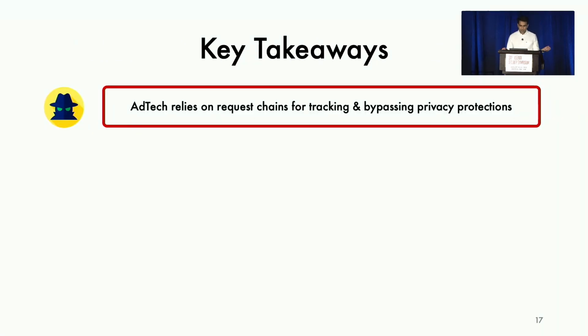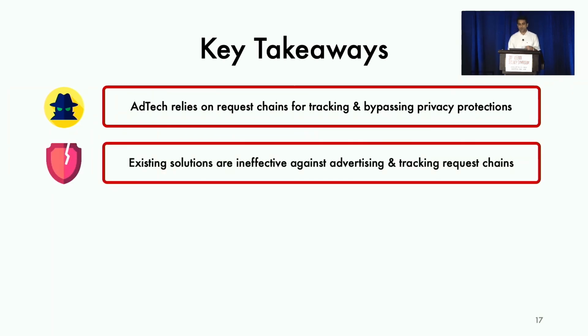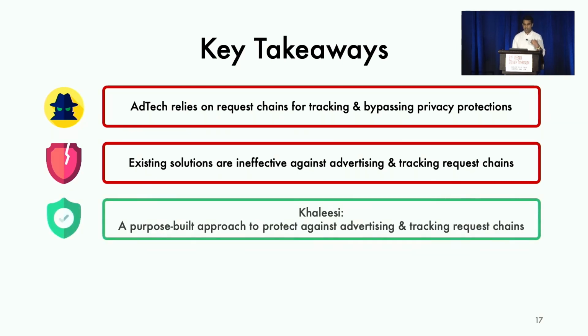So overall, in conclusion, I first demonstrated that advertisers and trackers rely on request chains to track people and bypass privacy protections. Then I showed that existing solutions are ineffective at detecting request chains. And after that, I showed that Khaleesi bridges that void by leveraging the sequential nature of the request chains to effectively detect them.